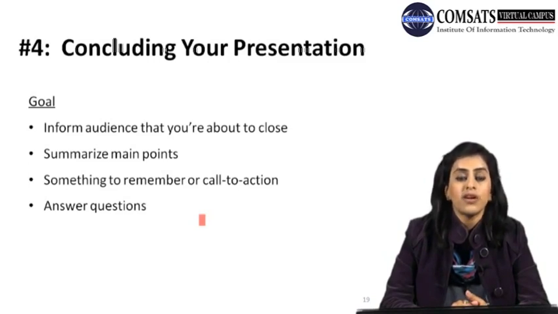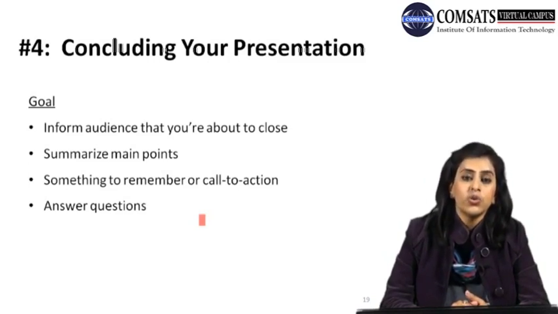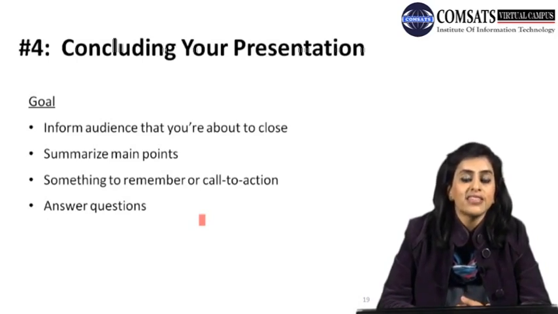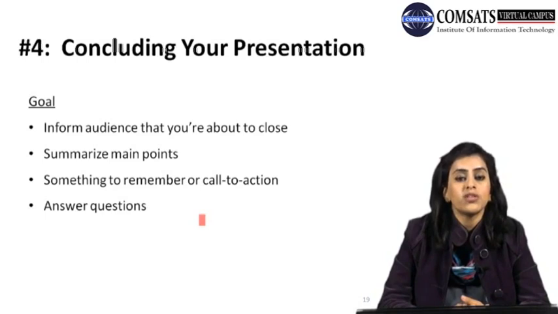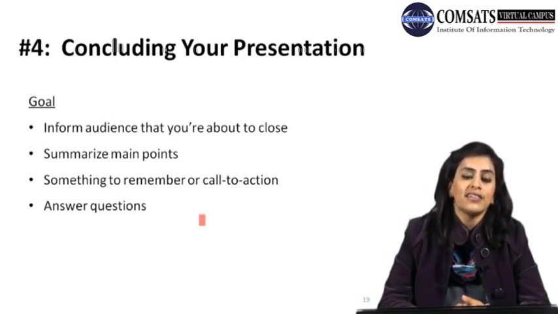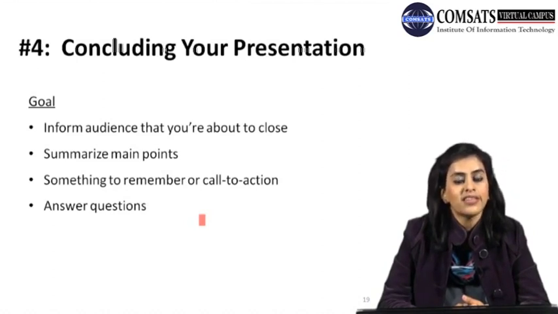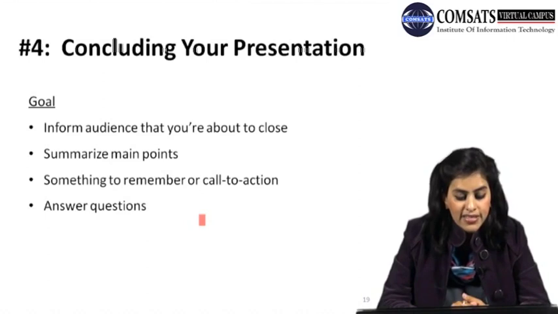After that you give them a summary, and that summary is something they are really interested in knowing, because they want to know what was the main focus that the speaker told them he or she will be focusing on, and what was the summary that he or she has made while presenting the topic. Something to remember or call to action, and answer questions.